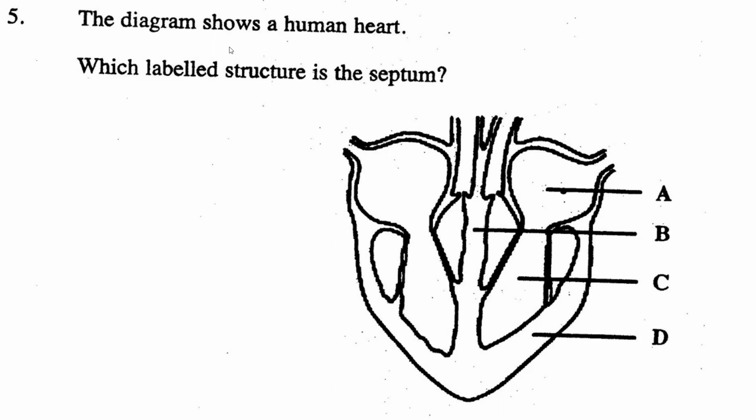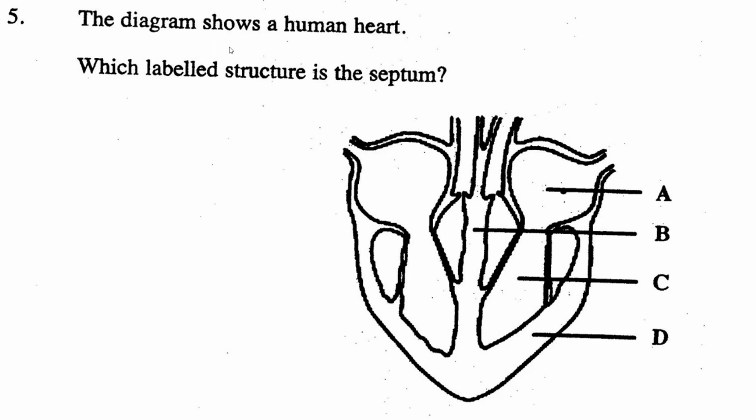Good. All right. What do you think the septum is? D. Why do you say D? Because the septum divides the heart in half. Very good. The septum divides the heart. It's the part that divides the oxygenated blood from the deoxygenated blood.